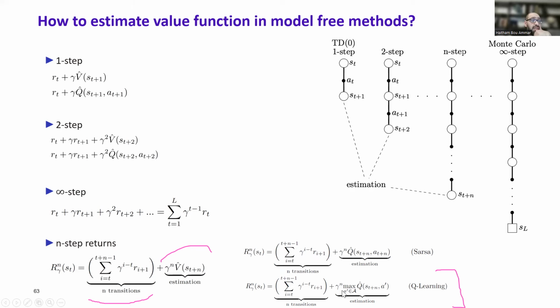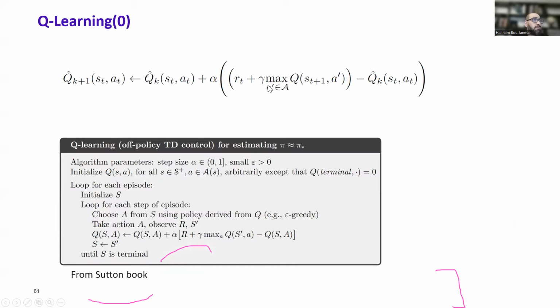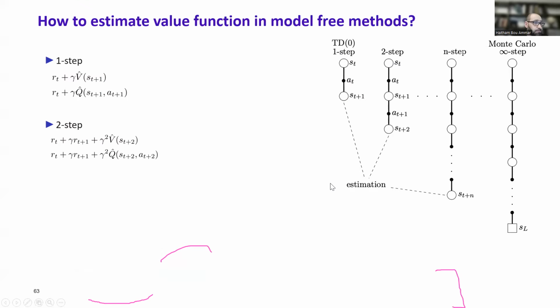And now here we're going to take gamma^n, and then we're going to take the max of the estimate from t plus n forward, so the Q hat of s_{t+n}, a prime. In other words, it's the same thing as this equation, but instead of t plus 1, we have t plus n, and instead of one R_t, we have n of those. And instead of gamma, we have gamma raised to the power n because we have made n transitions.